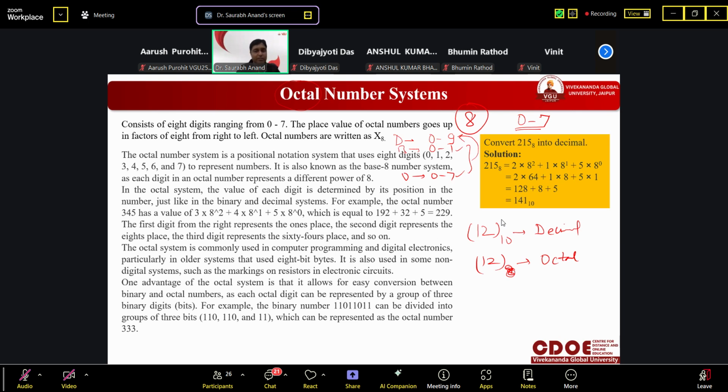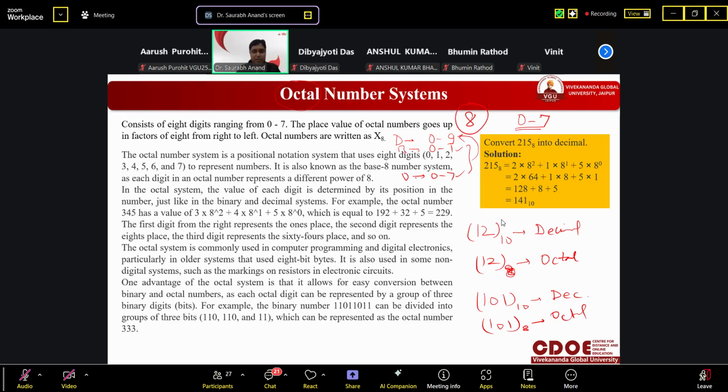If we do not write the radix value, there will be doubt whether it is decimal or octal. The same number can be represented in octal as well as decimal, but it cannot be binary unless it has only 1 and 0. I can write 101: with base 10, it is decimal; with base 8, it is octal; and with base 2, it is binary.